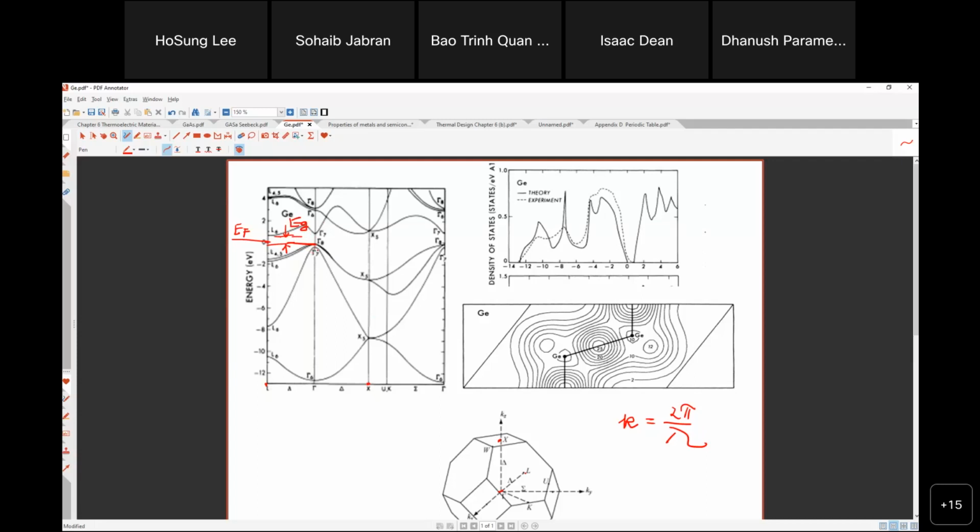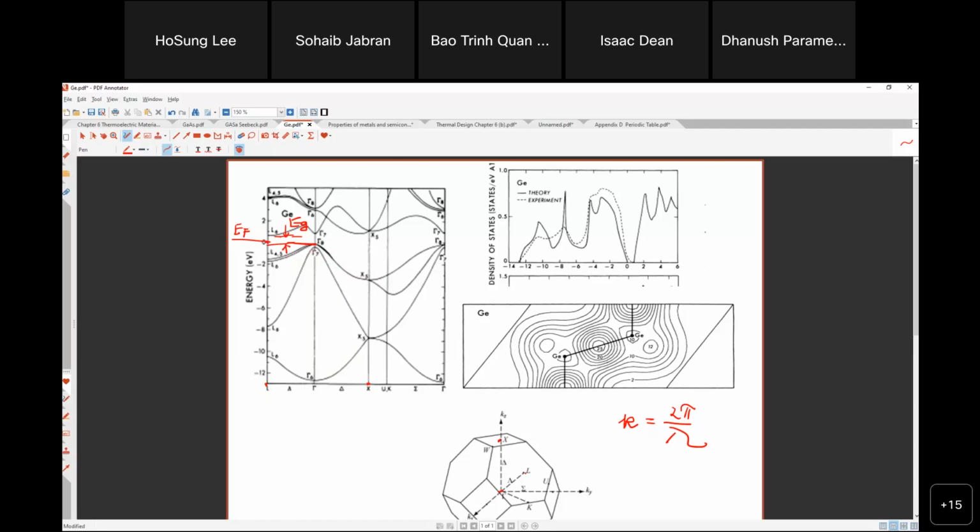So that's a band diagram, band structure, indicating Fermi energy and valence band. How many? Here I look at two. The valence, I think at least two, three, because there are two separated, and there is another two.